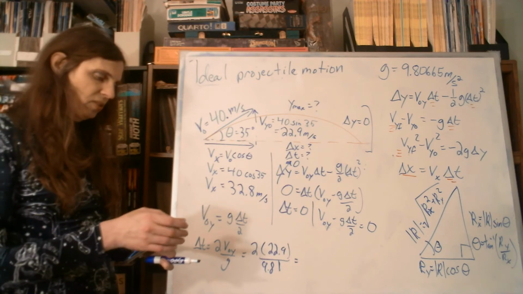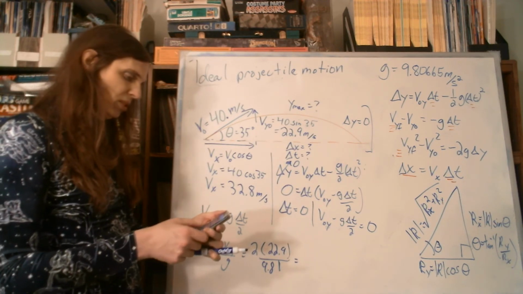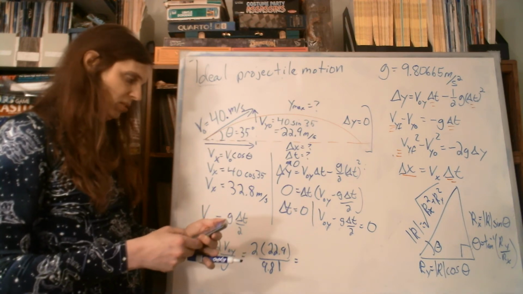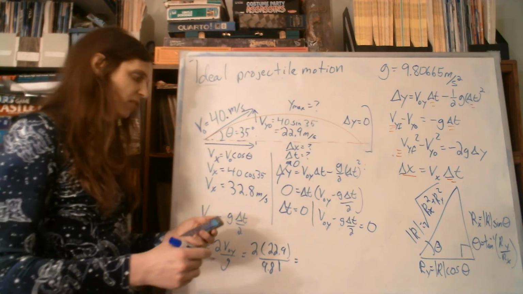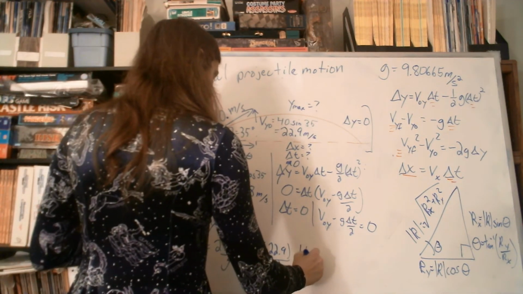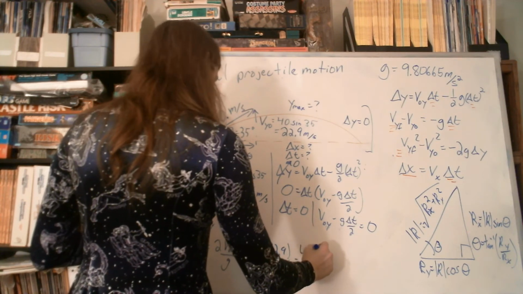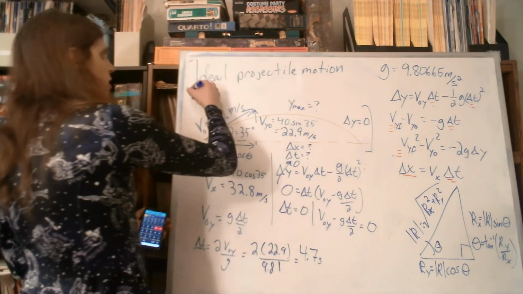Let's find out. 2 times 22.9, divided by 9.8, more than 4.5. 4.67 seconds. I will call that 4.7 seconds. I'll put that up here.